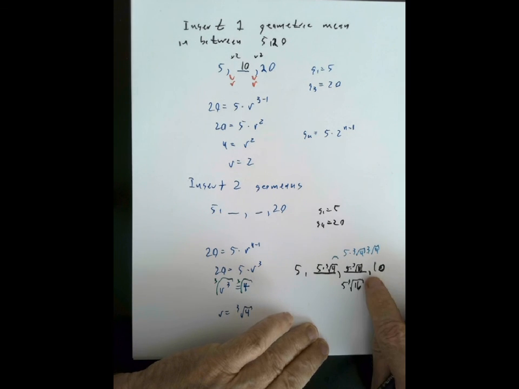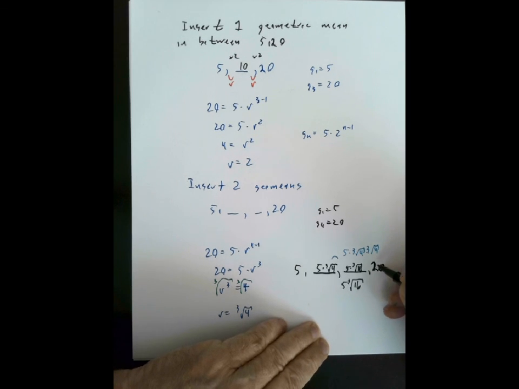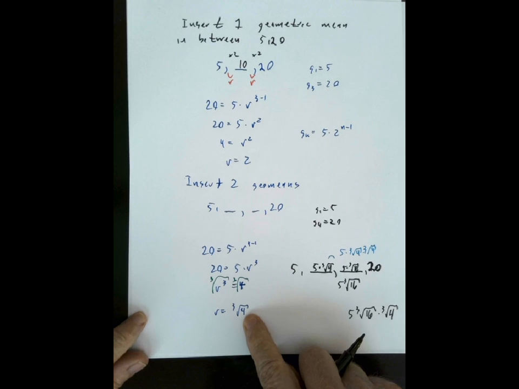Now we should be able to multiply by cube root of 4 again. And this is supposed to be 20, by the way. Keep writing 10. That's supposed to be 20. Okay, so then to get to the next one, we'd multiply that times cube root of 4 again. See, each time we're multiplying by this weird r, cube root of 4.